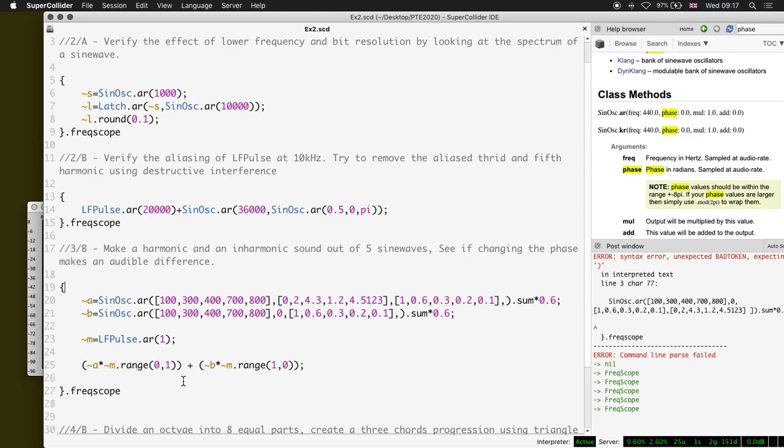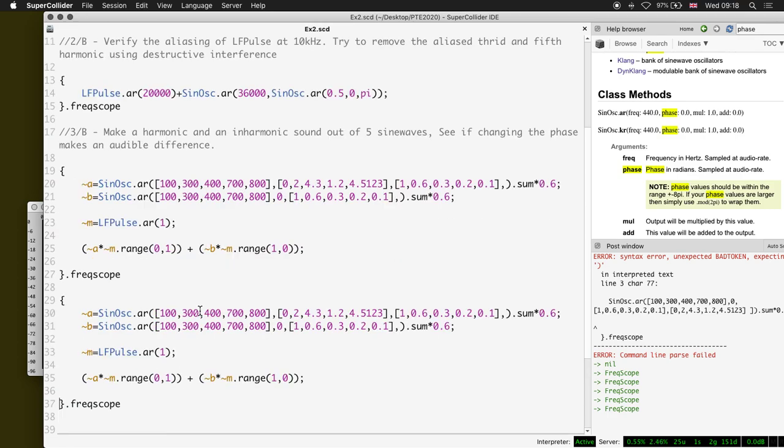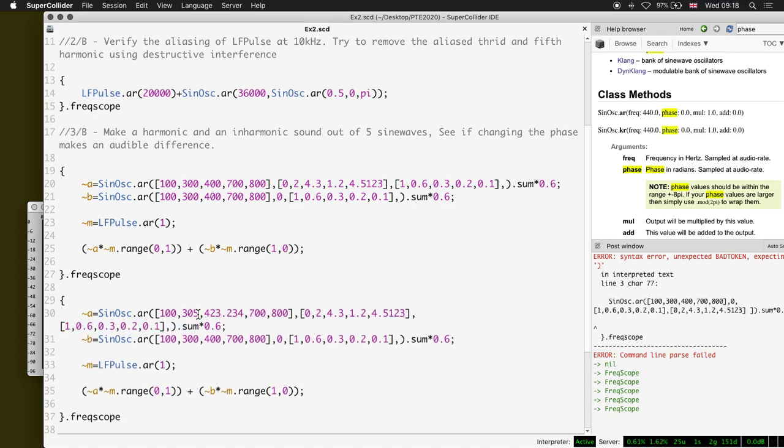We can do the same thing with an inharmonic set of frequencies. So let's try that. Let's change these slightly. Some resolution here to remove the common denominator potentially.